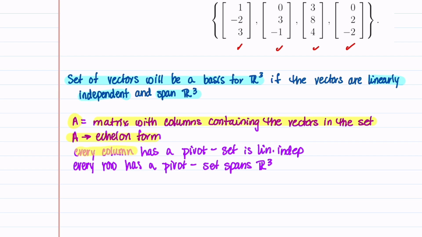If every column has a pivot, we'll know that our set is linearly independent. And if every row has a pivot, we'll know that our set spans R3. And if both of those two are satisfied, we can know that the set of vectors is going to be a basis for R3.